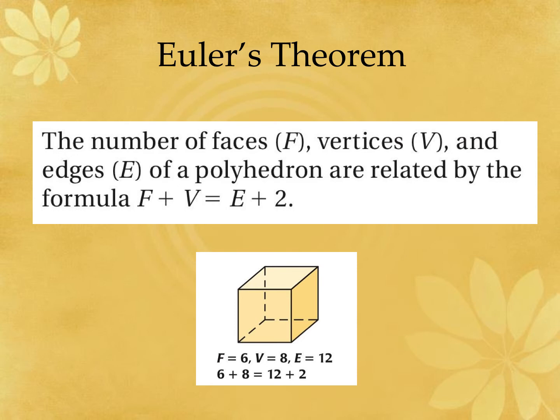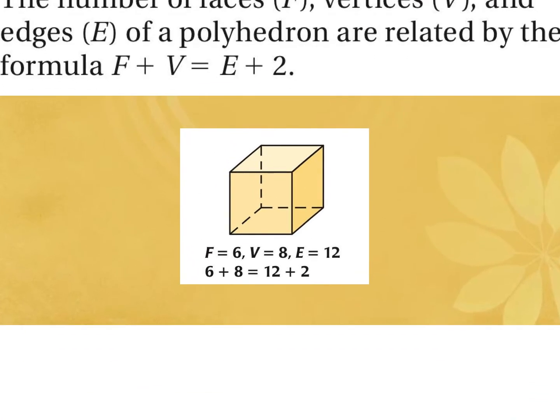And what it just states is once you're done counting the number of faces, vertices, and edges of your polyhedron, you can just add faces plus vertices. If it equals edges plus 2, then that would be a way that you could double check that you did the calculation correctly. So for example, in this picture, let's say that this is a cube.